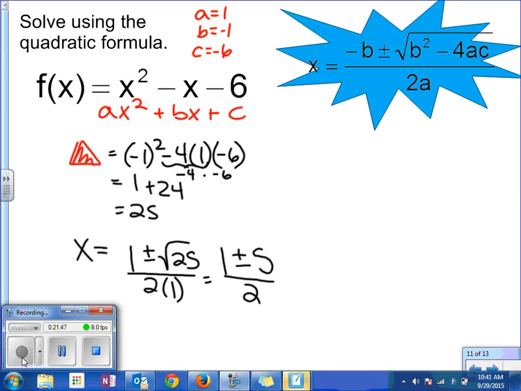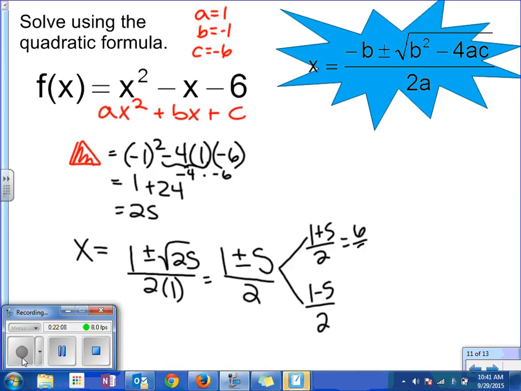So you actually want to simplify and combine these as like terms, but you have to do them as 2 separate ones. One of your answers is 1 plus 5 divided by 2, and the other answer is 1 minus 5 divided by 2.